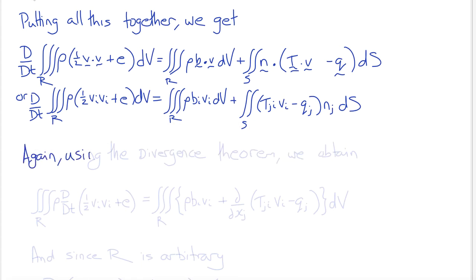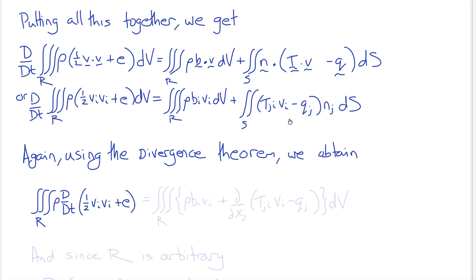So now, again using the divergence theorem to turn this surface integral into a volume integral, we obtain that the volume integral over R of rho times the material time derivative of 1/2 Vi Vi plus E is equal to the volume integral over R of rho Bi Vi plus del xj of Tji Vi minus Qj integrated with respect to volume.